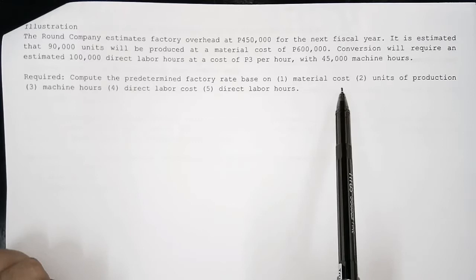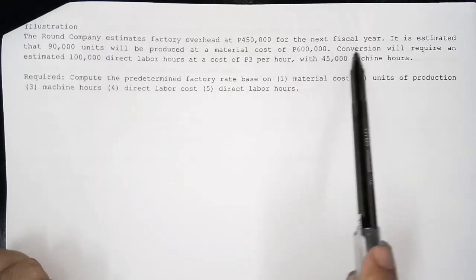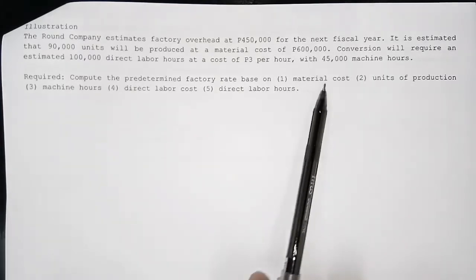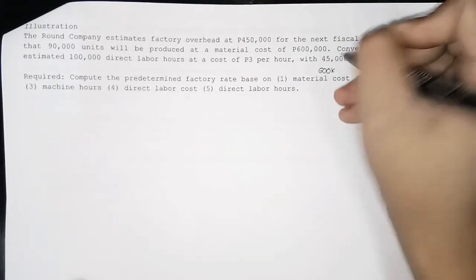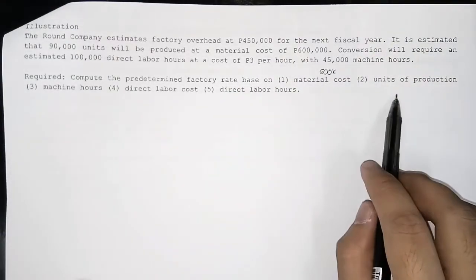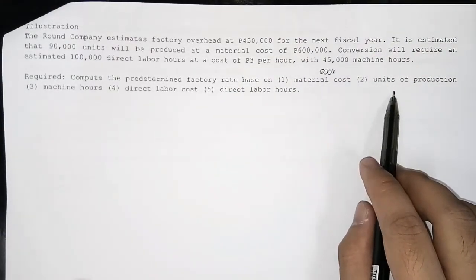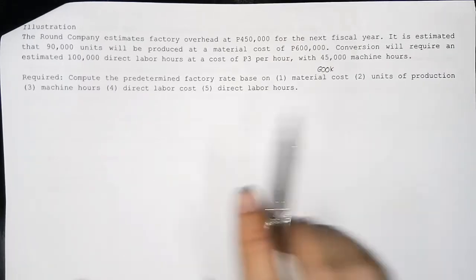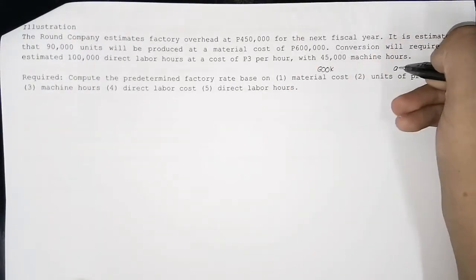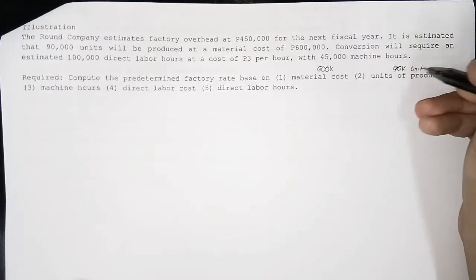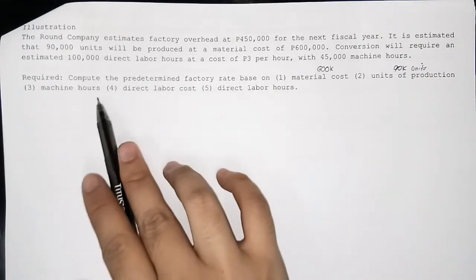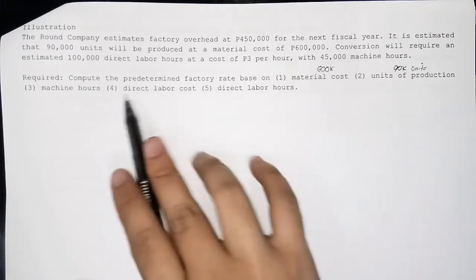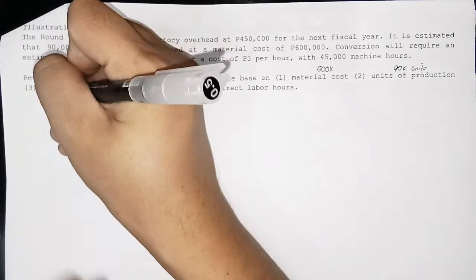Compute the predetermined factory overhead based on material cost. Alin dito yung material cost sa problem? Material cost, 600,000. Units of production. Ilang units yung mapoproduce? 90,000 units. Machine hours. Ang machine hours ay 45,000 hours.